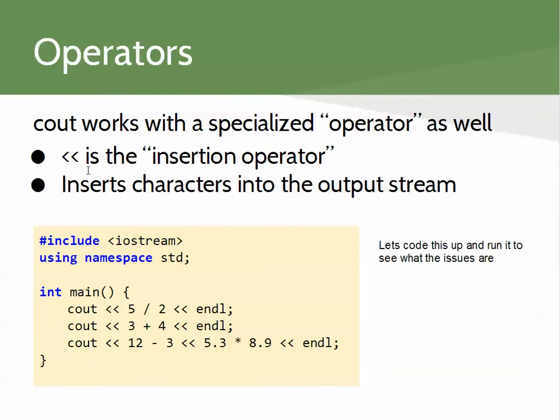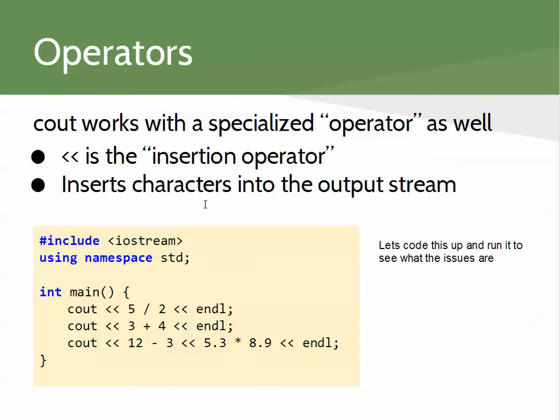That insertion operator will ensure that whatever value comes to the right of these arrows ends up being printed to cout. It's kind of semantics. It's not that interesting just yet why we want to think about that as an operator, but it'll be a little bit more apparent as we go.